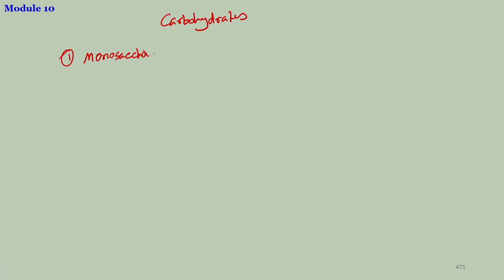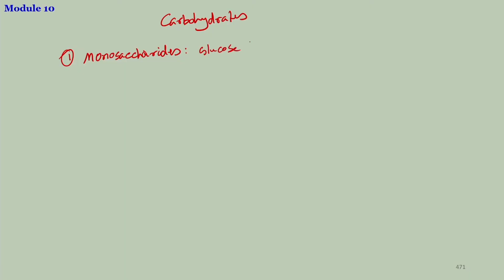Monosaccharides are the carbohydrates which have a single carbohydrate unit, such as obviously glucose, fructose, ribose of course, and all sorts of smaller structures which have a single carbohydrate unit are called monosaccharides.